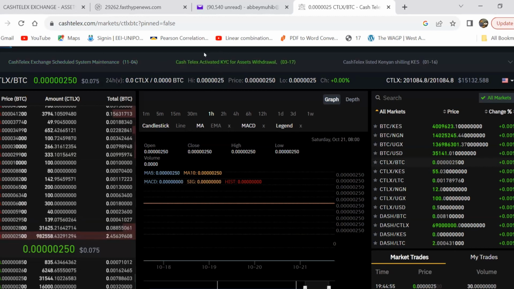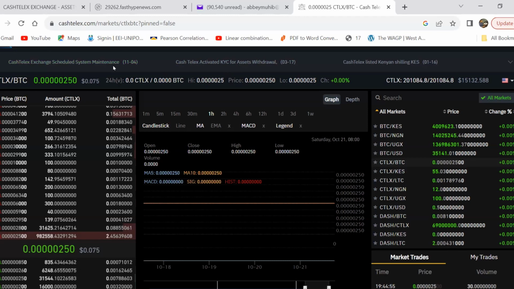When you come to the exchange, you will see a range of price, the highest and the lowest, at which the exchange is pairing. Even on Binance, where they have different coins, BNB, Doge, so many coins, you will see the high and the low if you go to that particular page of the coin you want to pair with.